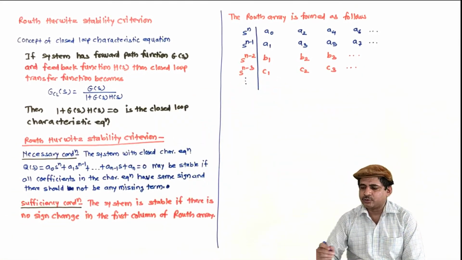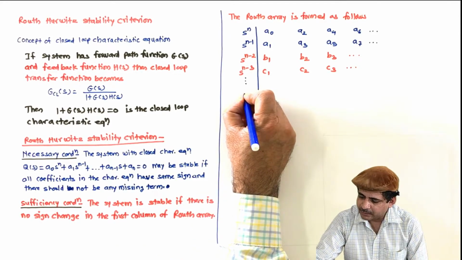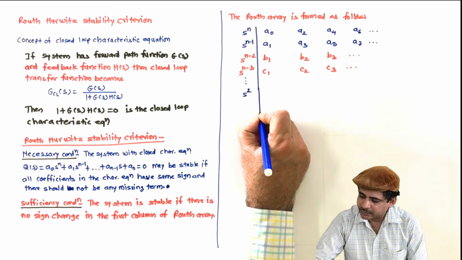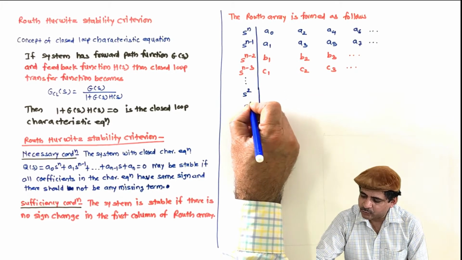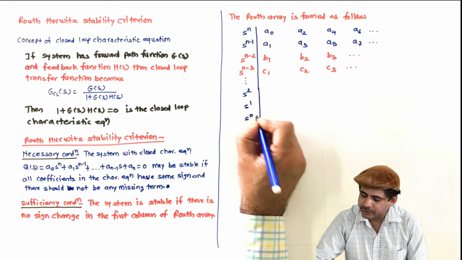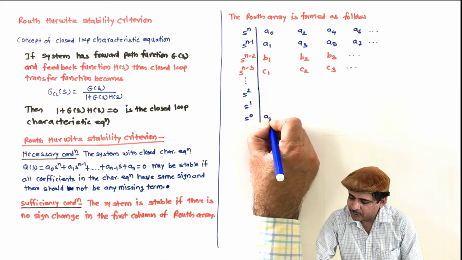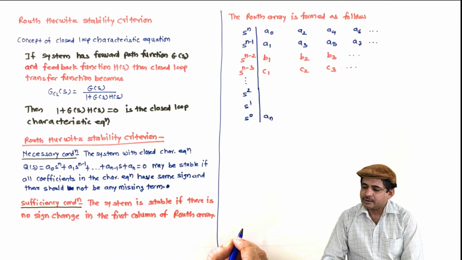This will be continued to, say, s square, s raised to 1 and s raised to 0, and this s raised to 0 will have an.